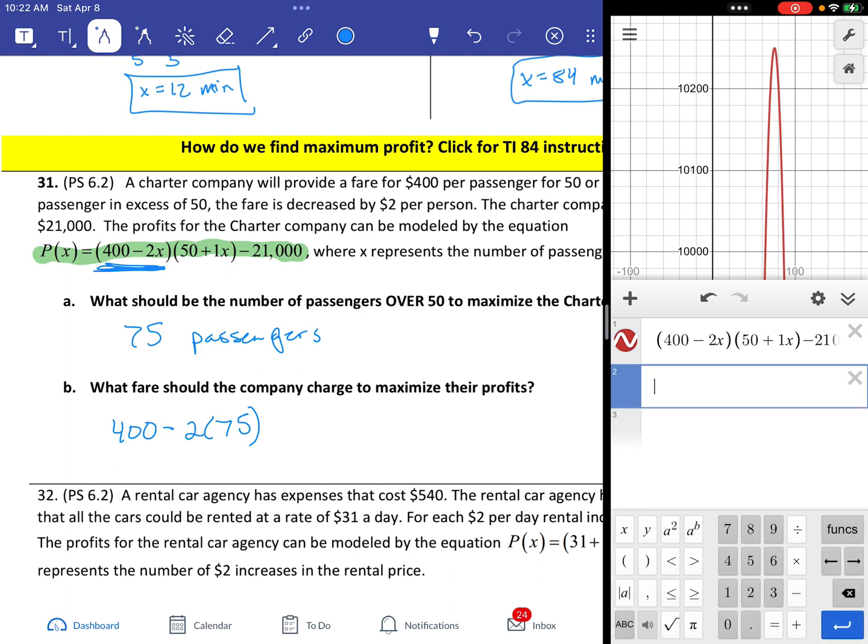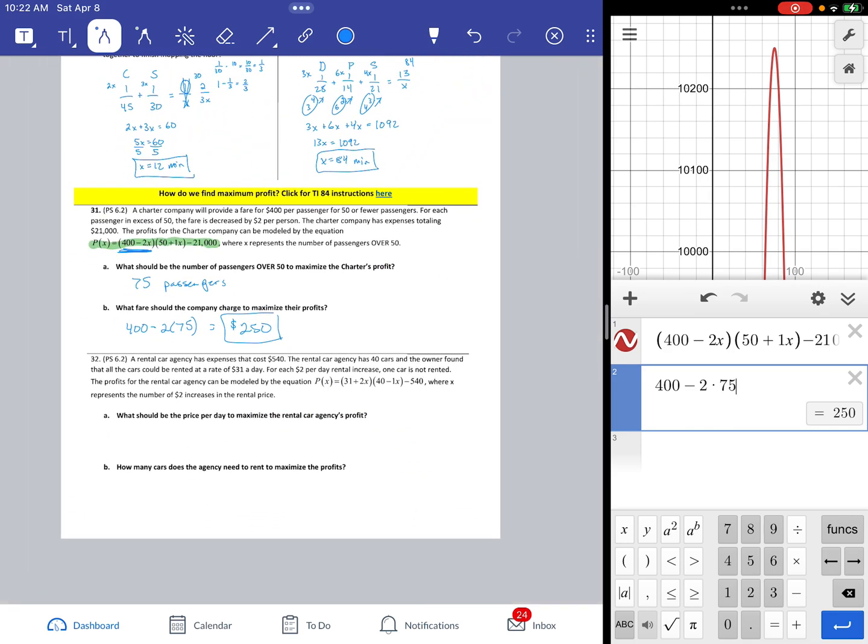All right, so we can do that in here. 400 minus 2 times 75, which is $250. Okay, there we go.